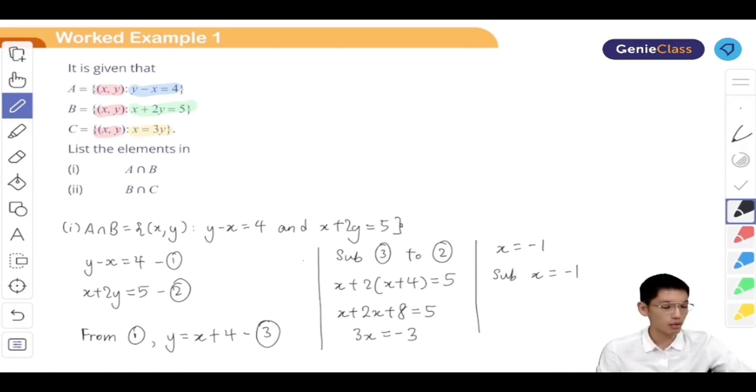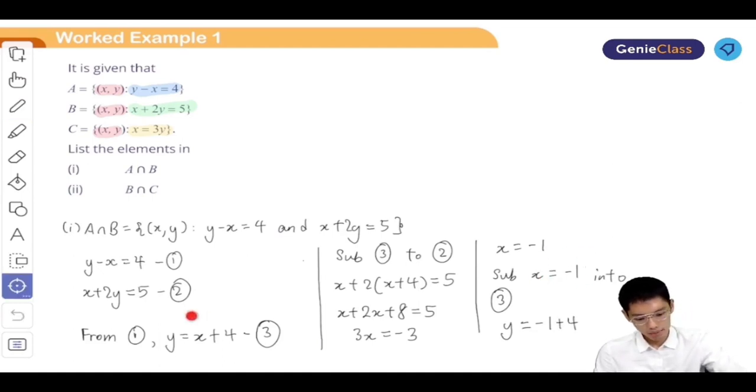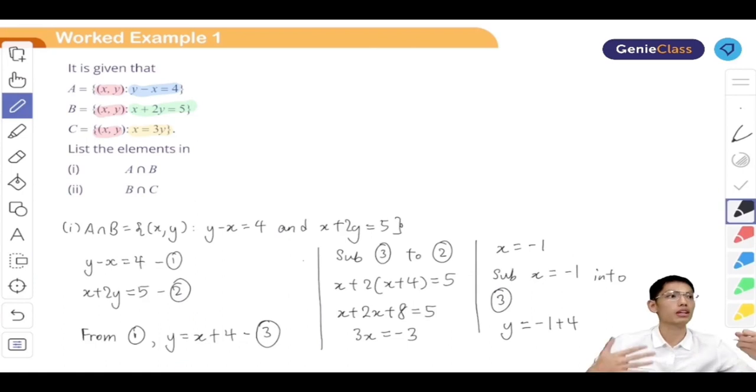In this case, the easier one to do will be equation number 3. So therefore, if you realize, this means my equation y is equals to negative 1 plus 4 because x is minus 1. I'm using this. So this is what I learned in Sec 1. Substitute in, I get y is equals to 3.